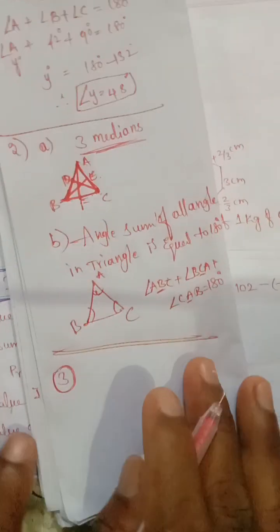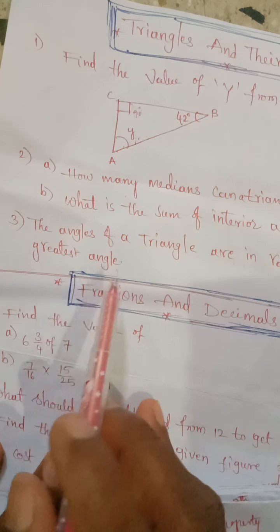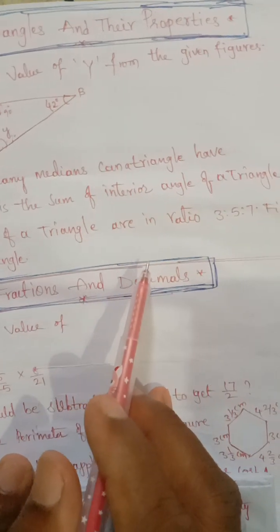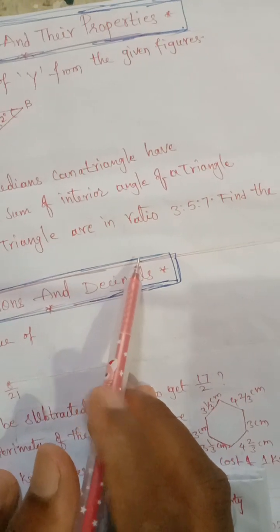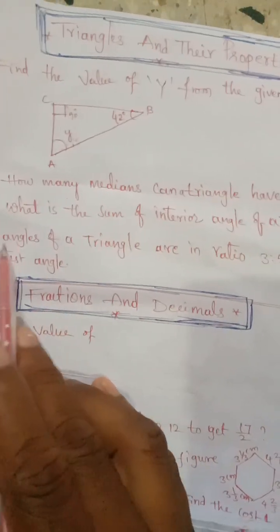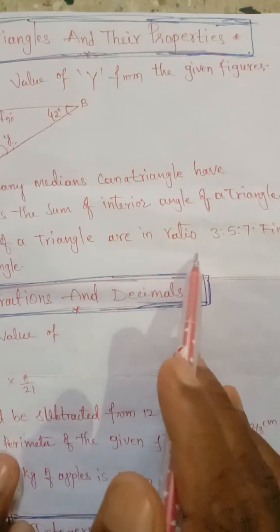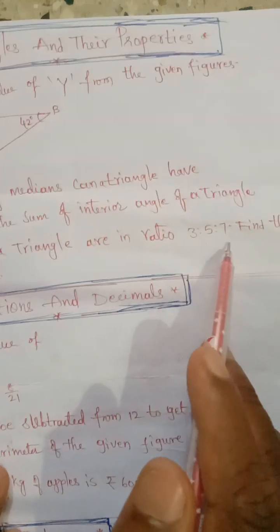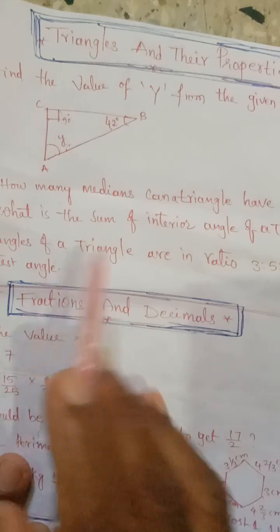Next, the third one. The angles of a triangle are in the ratio 3:5:7. Find the greatest angle.